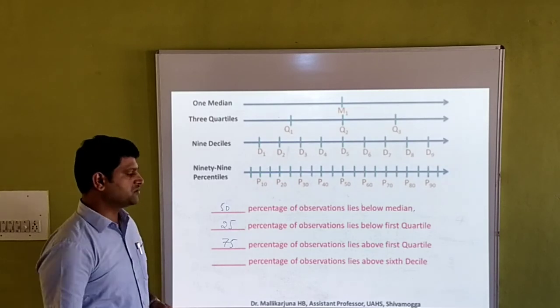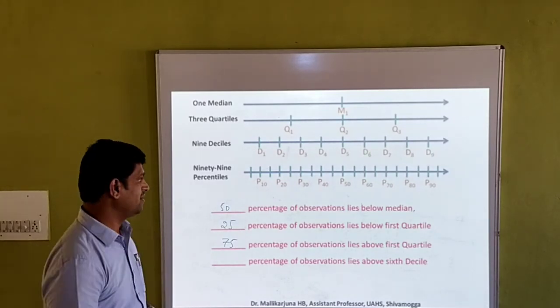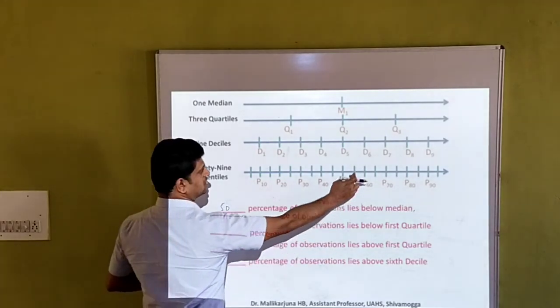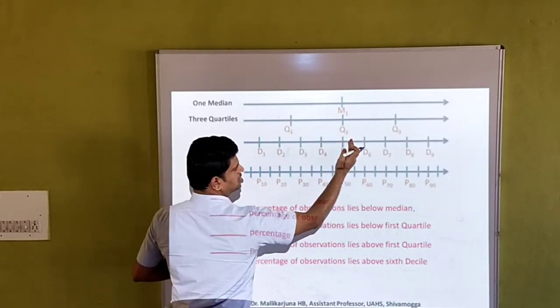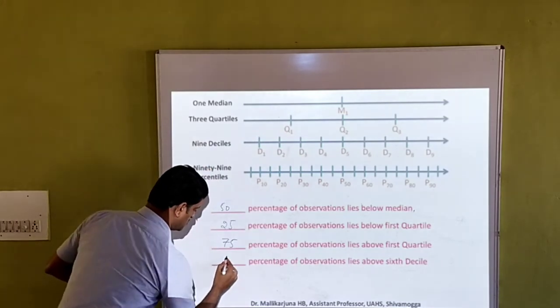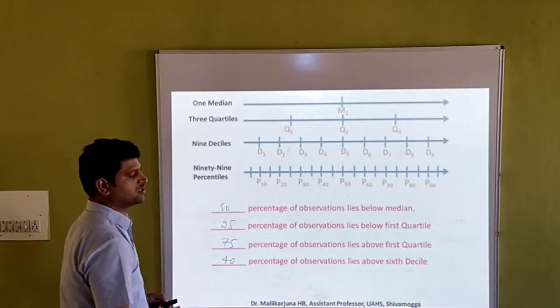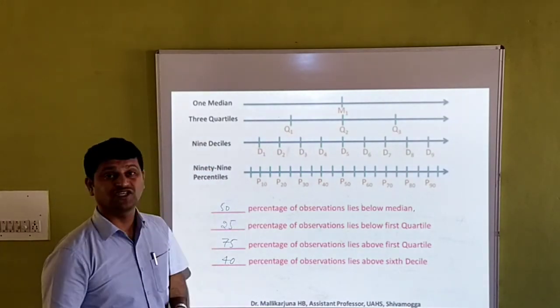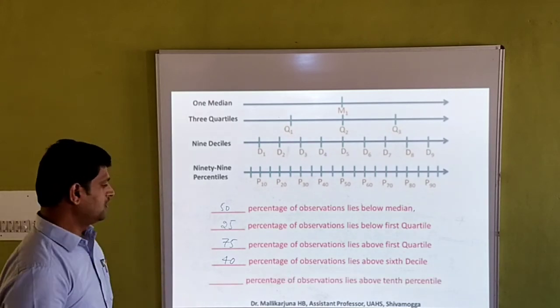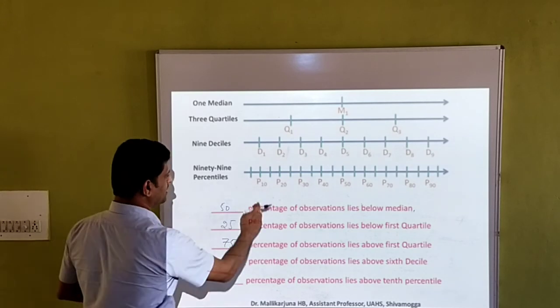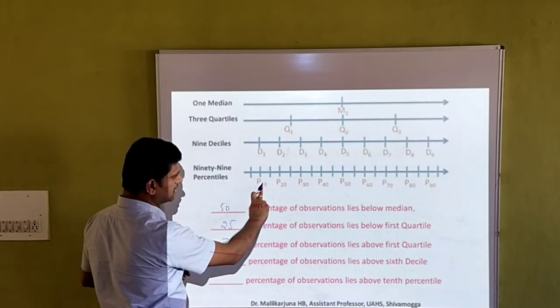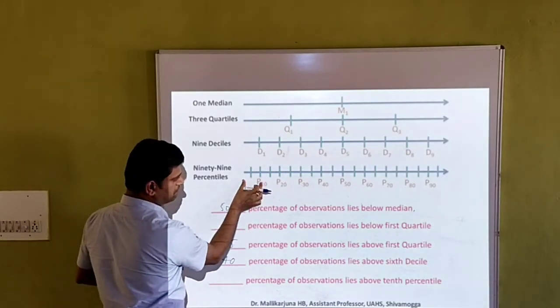And dash percentage of observations lies above the sixth decile. Above the sixth decile, D6, up to here is 60%, then the remaining is 40%. So 40% of observations lie above the sixth decile. Dash percentage of observations lies above the 10th percentile. P10 is here, so up to here is 10%.